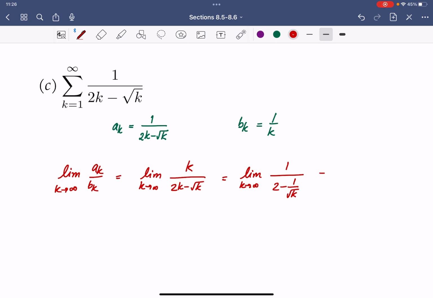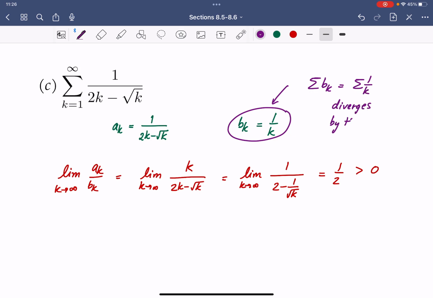And then the limit is 1/2, which is bigger than 0, which means a sub k and b sub k are going to go to the same thing, so convergent together or divergent together. But the b_k that you pick here, the sum of b_k is actually the sum of 1 over k. This is divergent, by the harmonic series or the p-series with p equal to 1, the same thing.